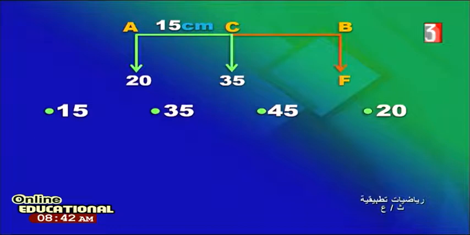And we know, my dear student, that F multiply BC equals 20 multiply AC, so 20 multiply 15 equals 15 multiply BC. By using cross multiplication, it is easy to find the length BC.